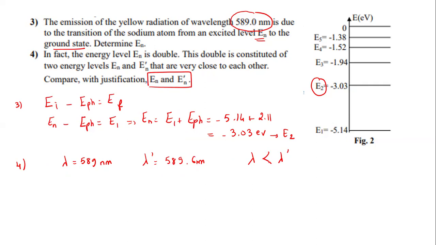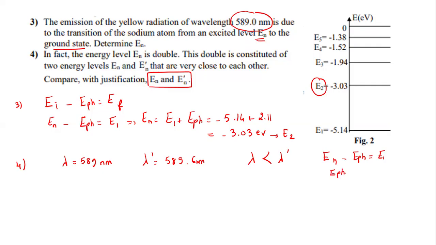But we already know that the energies are inversely proportional. If we write the equation, the atom was at En, it loses a certain kind of energy, which is the energy of the photon, and it reaches E1.